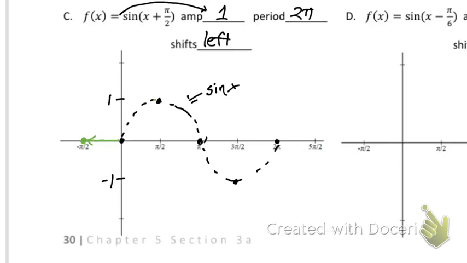This one's going over 1, this one's getting shifted over 1. And that right there is my sine of x plus pi over 2. It's just shifted left. Every point is shifted left.